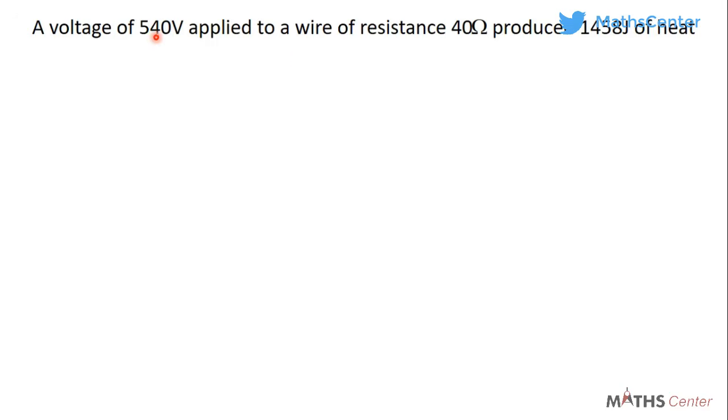That means that when the voltage is 540 and the resistance is 40, the heat produced is 1458, meaning that if V is equal to 540 and R is equal to 40, then H is equal to 1458.